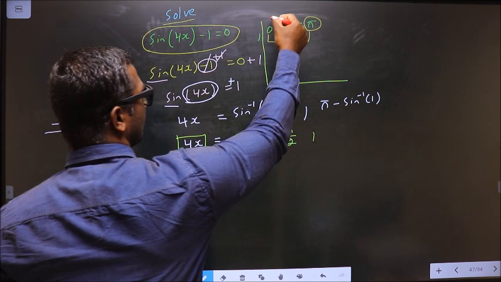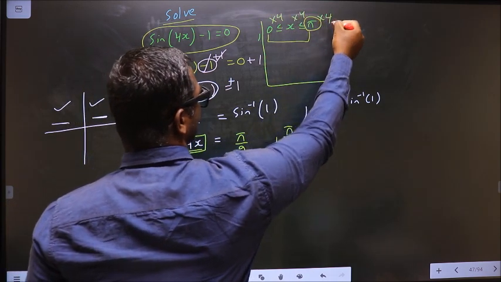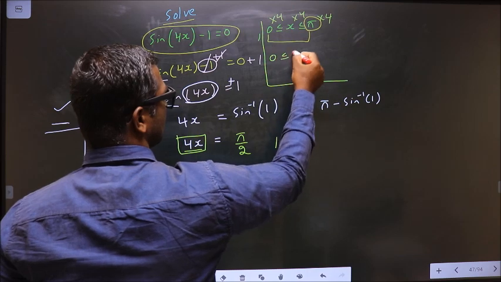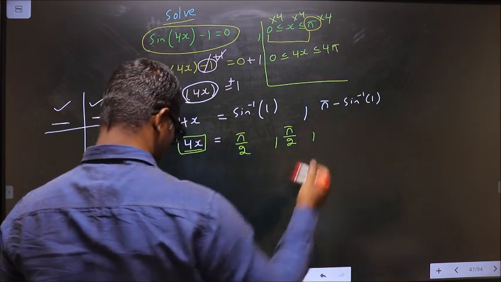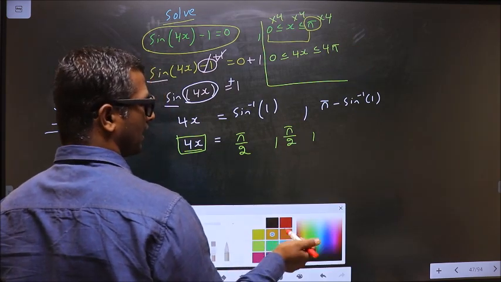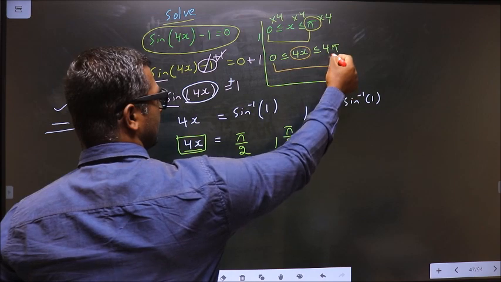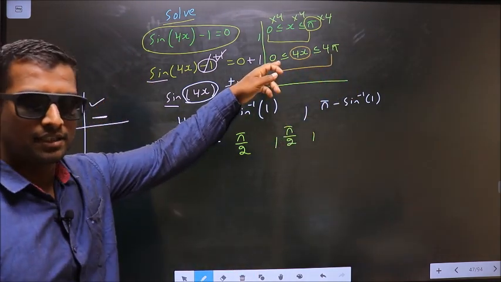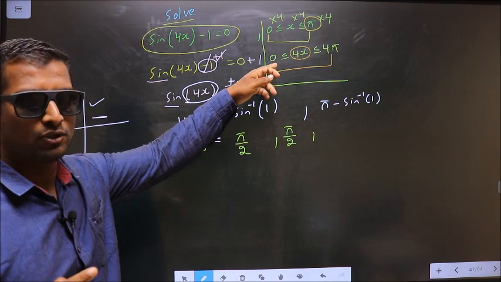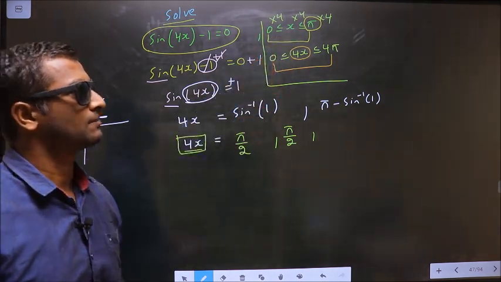For that, you multiply by 4. So we get 0 less than or equal to 4x less than or equal to 4 pi. Now the values of 4x should lie in this interval. When this happens, then automatically the values for x will lie in the given interval.